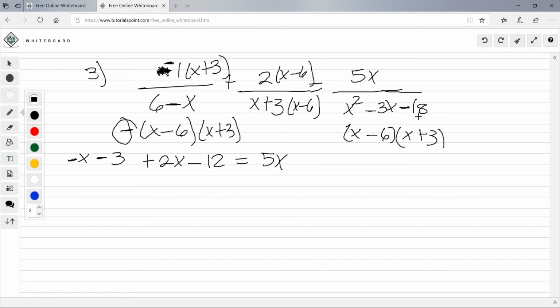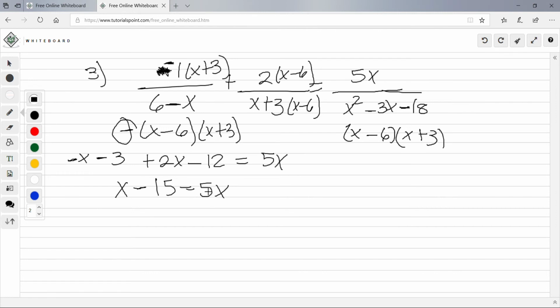And the denominator cancels because if you were to multiply that by the x minus 6, x plus 3, it just cancels. So let's simplify the left. We have a 2x and a negative x, so that is an x. We have a negative 12 and a negative 3, so that's negative 15, equals 5x.